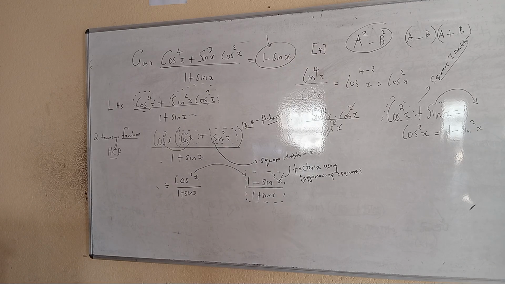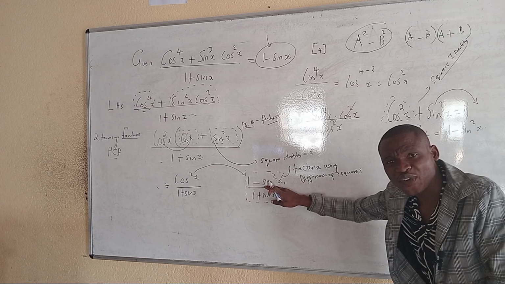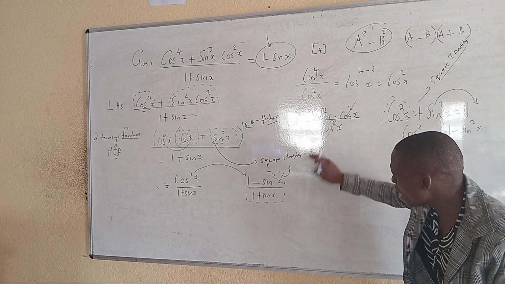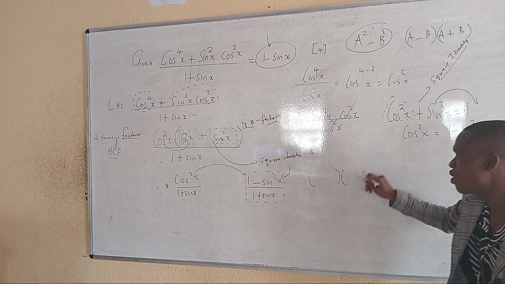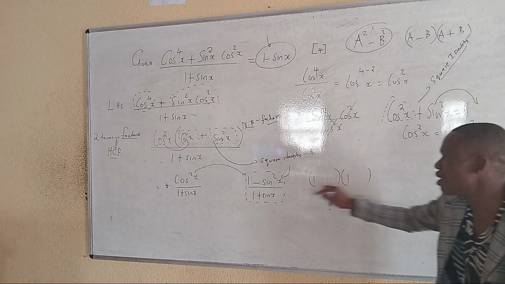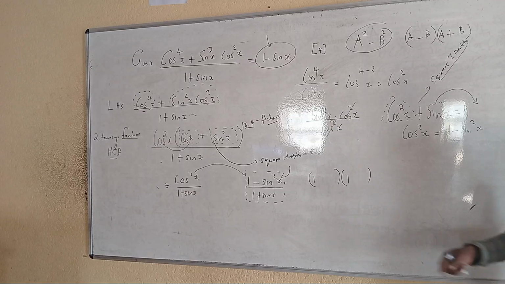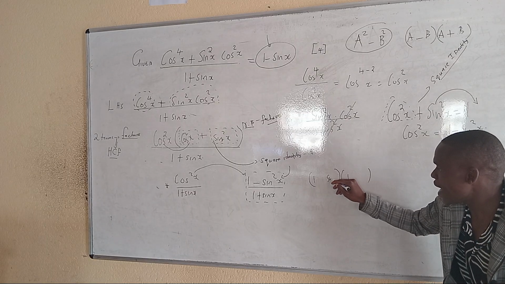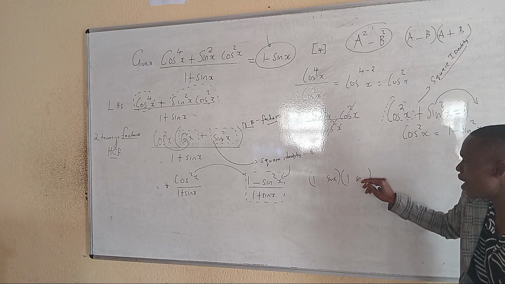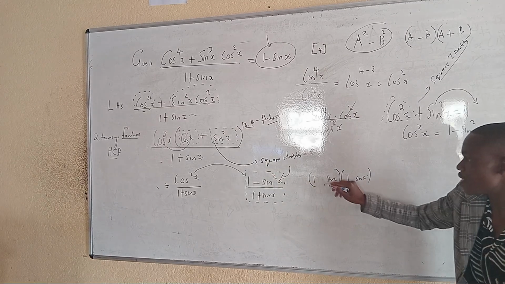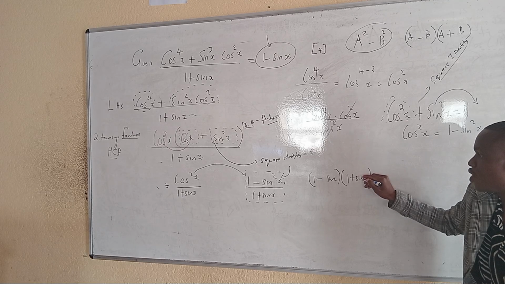So this 1 minus sine squared x, you can factorize it. You can open two brackets and say 1 times 1 gives me 1. 1 is the same as 1 squared. Sine x times sine x gives me sine squared x. The signs must differ.